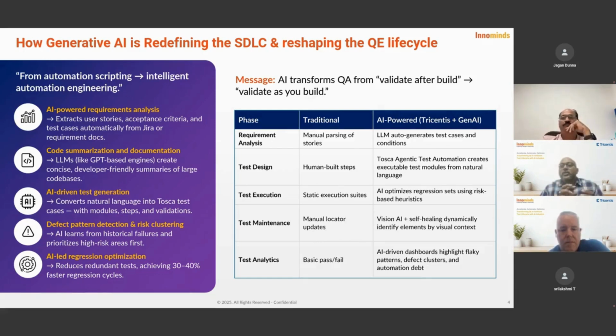Using Tosca Copilot, it would intelligently understand the existing repository of that automation framework, and by writing simple English-like statements, the initial learning curve for a new joiner becomes significantly faster, rather than spending a couple of weeks to bring the new user up to speed.